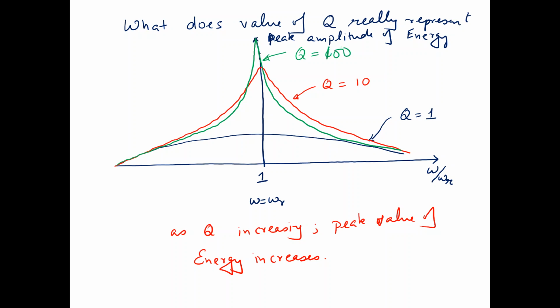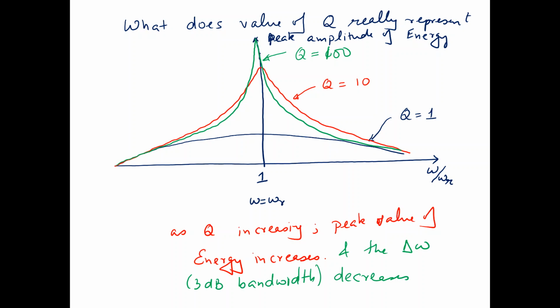The larger the value of Q, the peak value of the energy increases, and the delta F or delta omega, where I go down to 3 dB bandwidth, decreases.